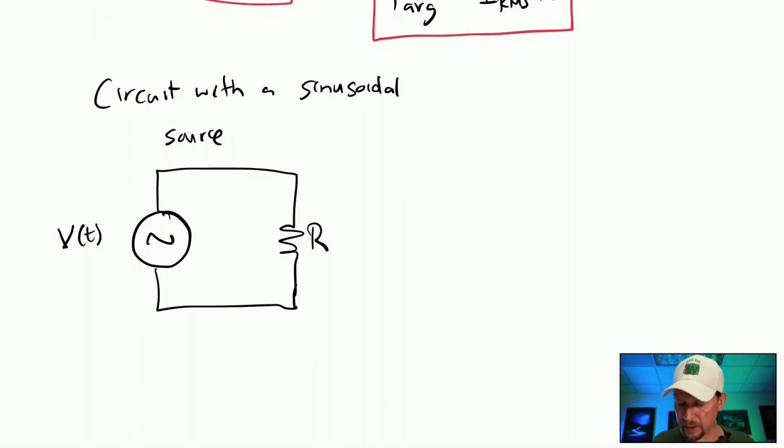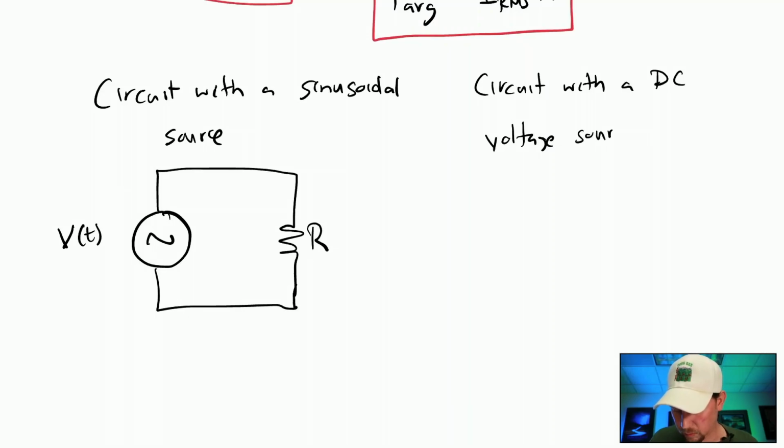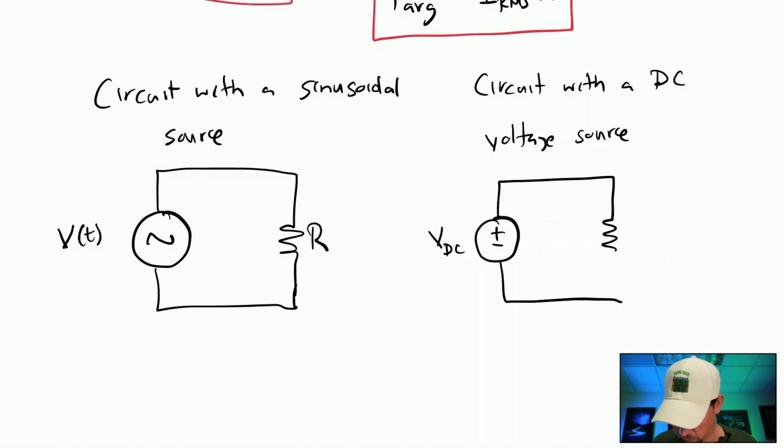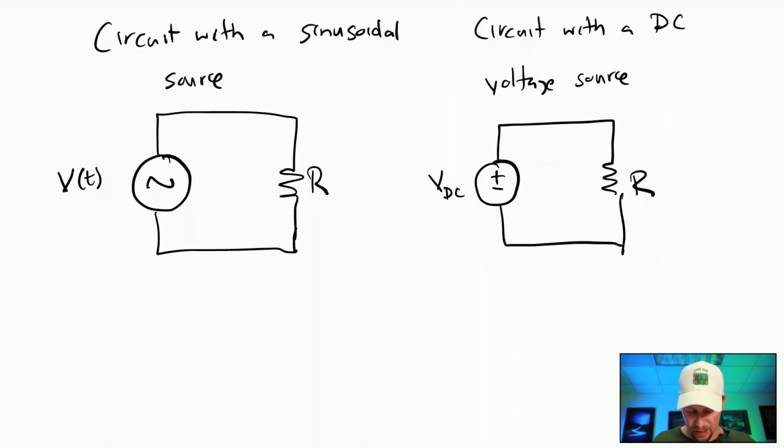And you compare it to a circuit with a DC voltage source, like this, right?